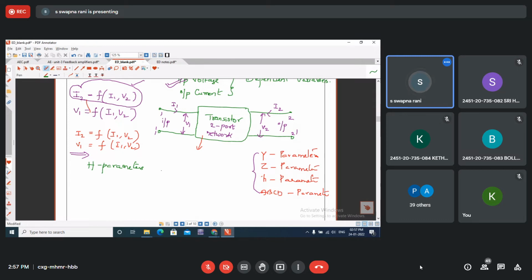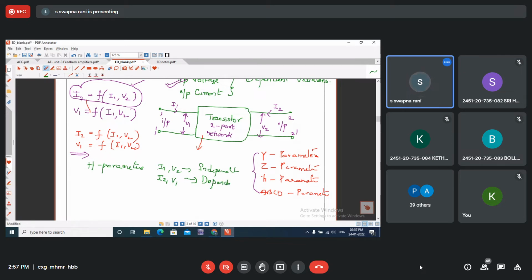Even in H parameters, the same I1, V2 are taken as independent and I2, V1 are dependent.